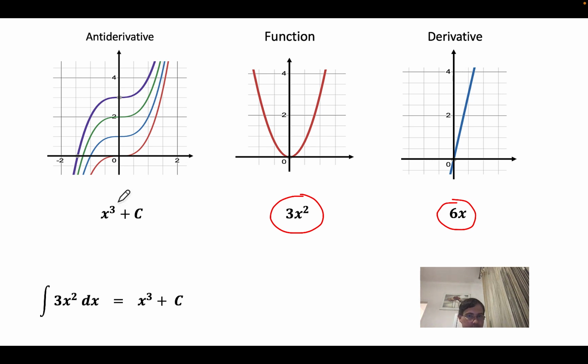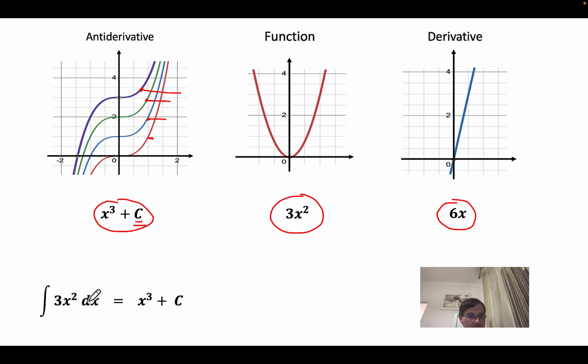And this is one antiderivative, the function x cubed plus c, where c is any constant. This is the antiderivative that corresponds to c equals 0. This is the antiderivative that corresponds to c equals 1. That's the antiderivative that corresponds to c equals 2. And this is the antiderivative that corresponds to c equals 3.